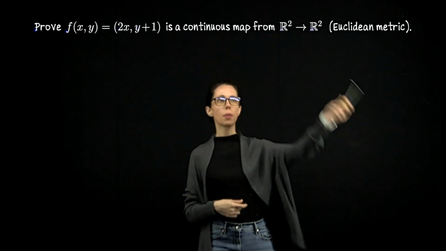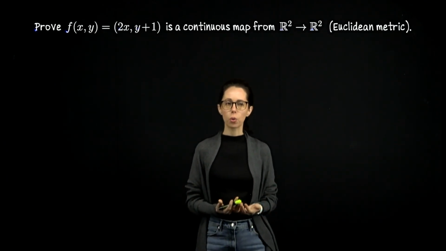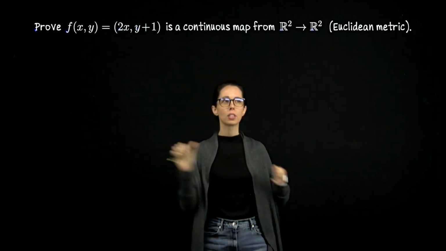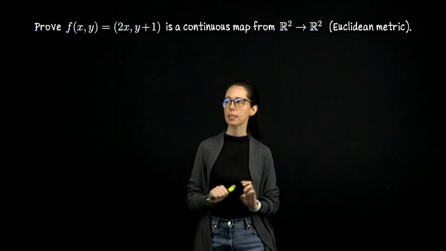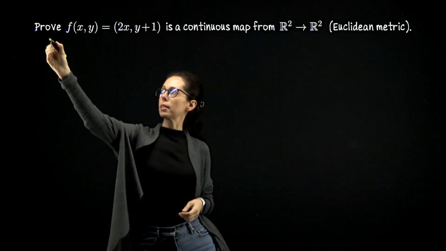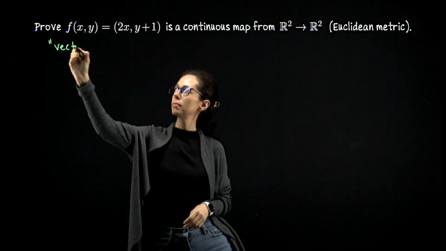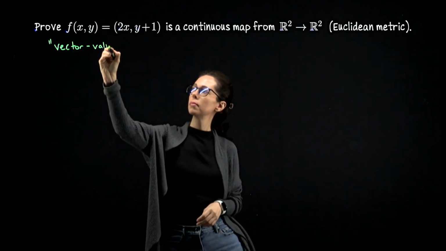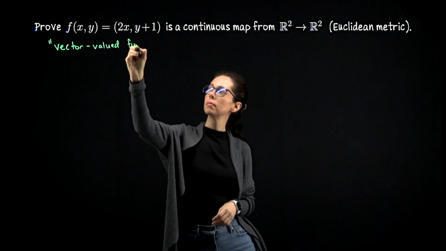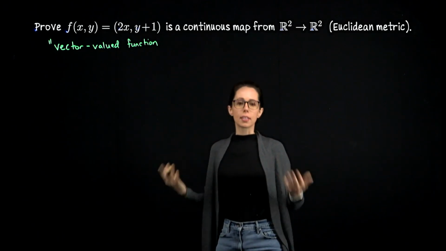This is a function from R2 to R2. So the domain is all of R2, and the codomain is R2. I just want to introduce a little bit of terminology. Because the output is a vector in R2, we can call this a vector-valued function, versus a scalar-valued function.